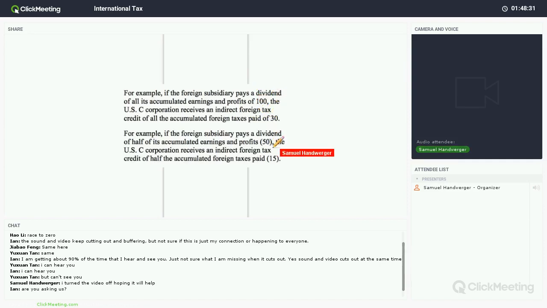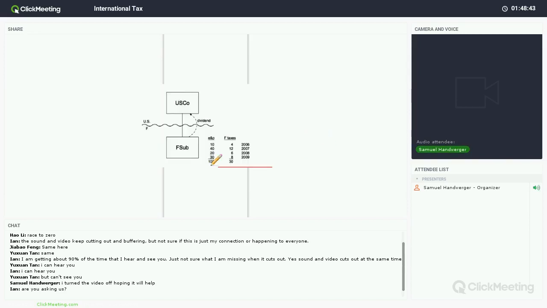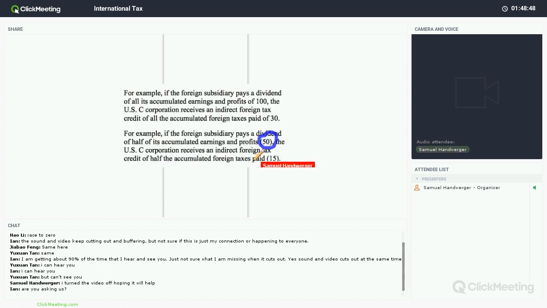What if it only pays 50% of the profits, meaning it pays a dividend of 50 down here? So it pays a $50 dividend, leaving some of the profits inside. Again, remember the example, $100 made over the 4 years, $30 foreign tax paid over the 4 years. So now you pay a $50 dividend, so the U.S. corporation will get half of the foreign taxes paid by the foreign entity, and that's $15.